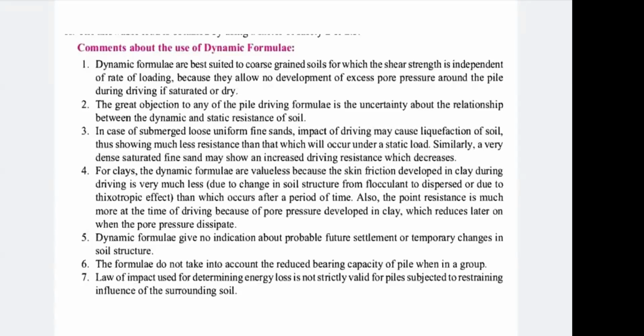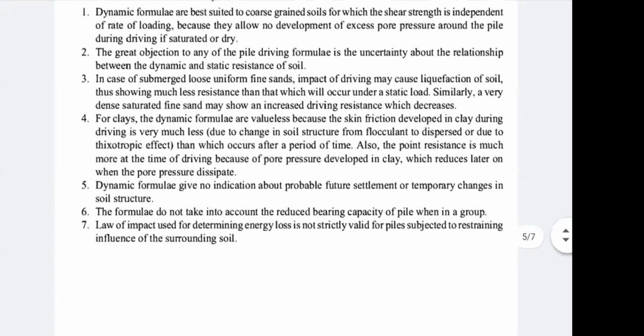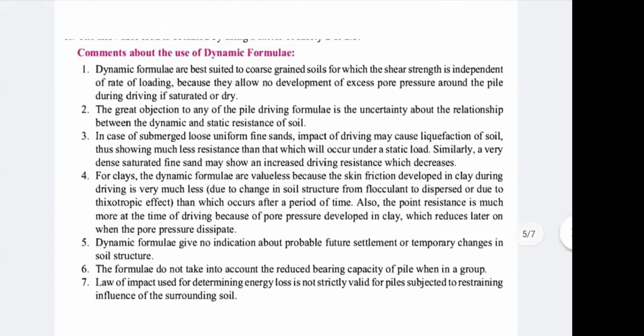So you are going to use the dynamic formula only when the pile is not in a group, or when your soil condition is coarse grained, or submerged loose uniform fine sand. When the pile is in a group and the friction is not proper, you cannot use the dynamic formula.